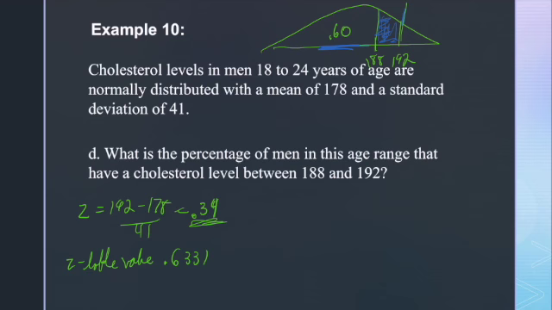So let's just say the area below this is 0.6331. That's all of this. So I'm going to take 0.63, let's round it, minus 0.60, and I find that 0.03 is the area of this little sliver right here. That means that 3% of men have a cholesterol level between 188 and 192.